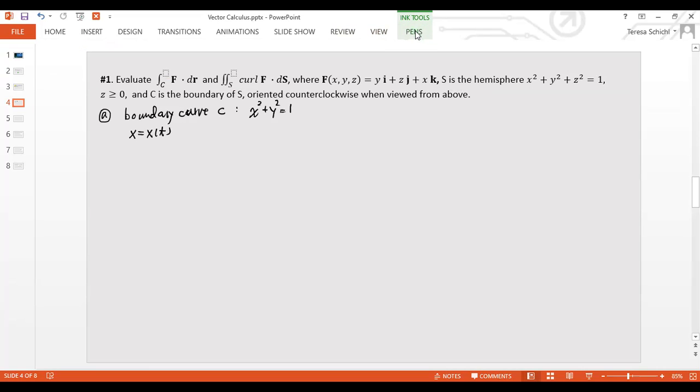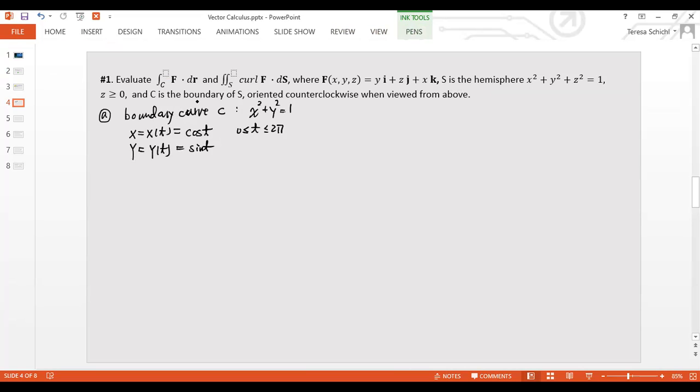Because it's a circle, we know polar coordinates are always pretty good. So x is cosine t, because r equals 1, and y is sine t. What is my t? From 0 to 2 pi.